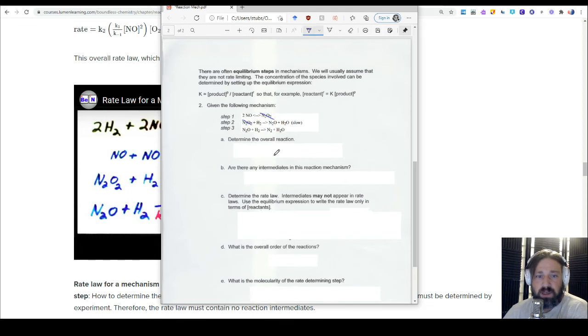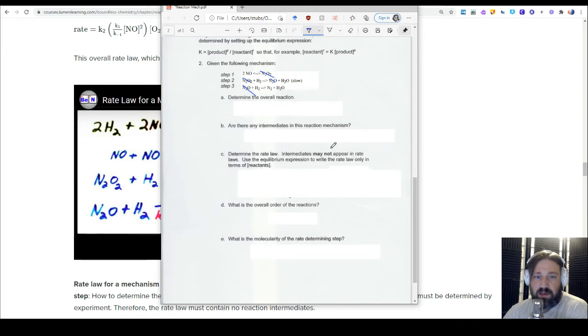This is an intermediate, so we cancel it out. Let's see, what else is an intermediate? This gets canceled out, and I think that's it. Yeah. So you're going to have to go through and cancel things out, write out the entire thing. I just showed you the intermediates.